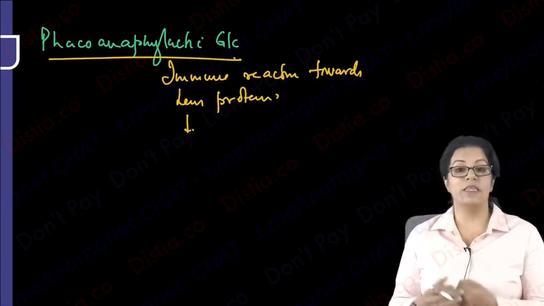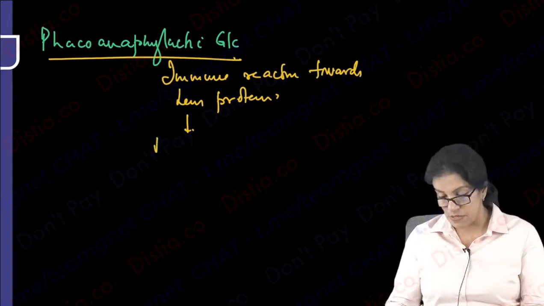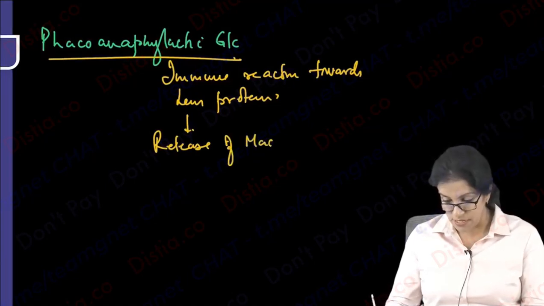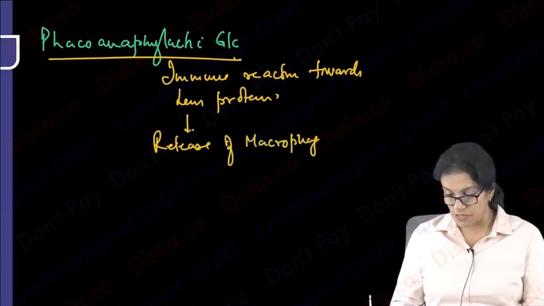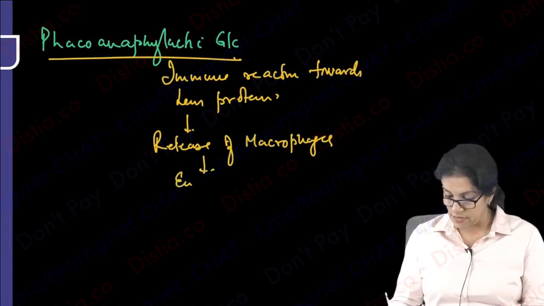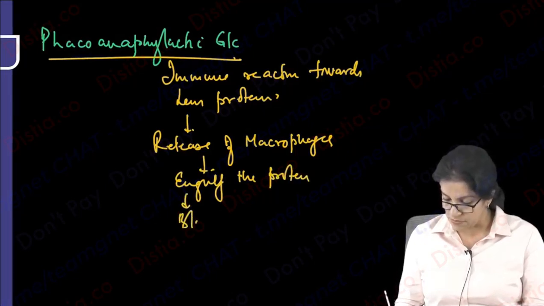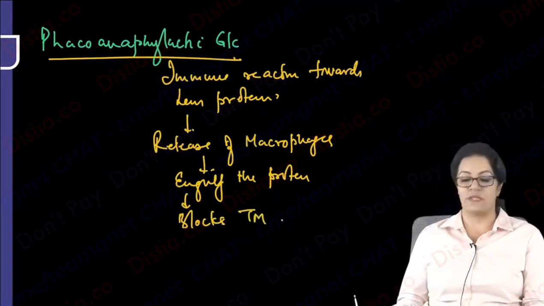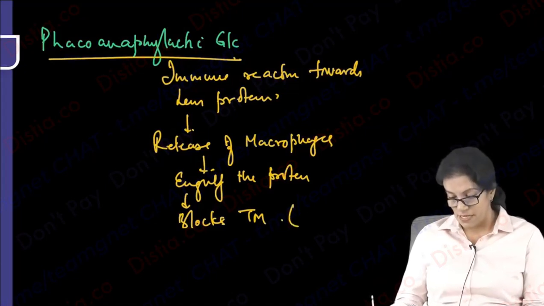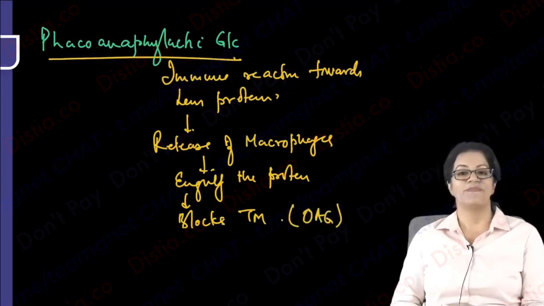So write down, there will be release of macrophages. This release of macrophages will engulf the protein, and after engulfing the protein, it blocks the trabecular meshwork. Again, therefore, it is open angle.